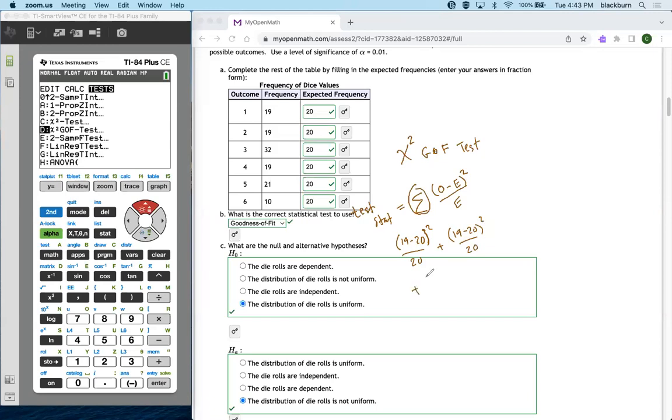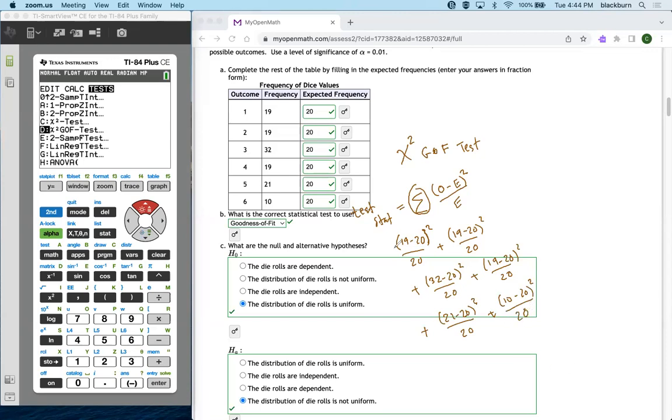And then I got to add to that 32 minus 20 squared over 20. And then 19 minus 20 squared over 20. So it is a kind of a painstaking process doing it this way. But luckily, there's only a few of these on this assignment. And at max, only one on the final.